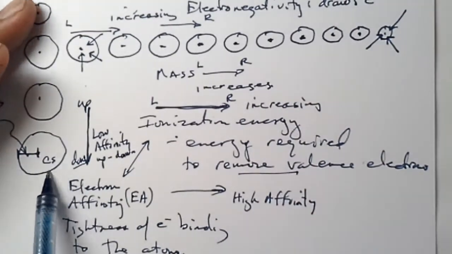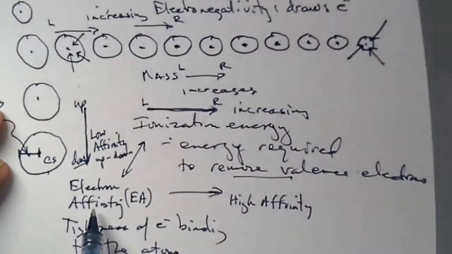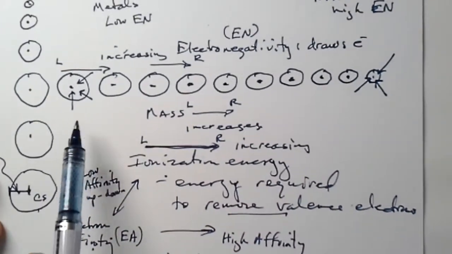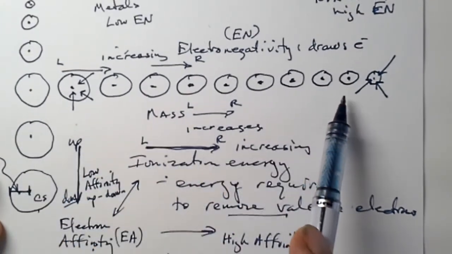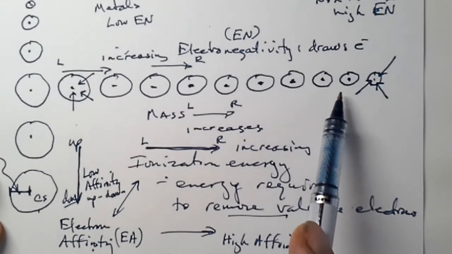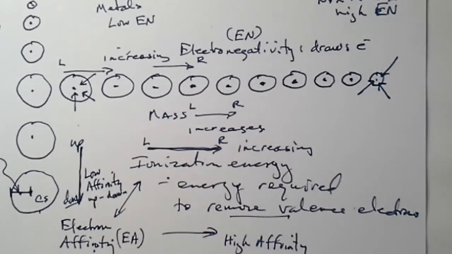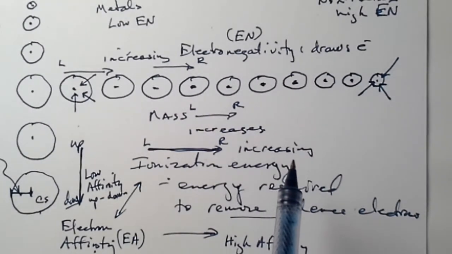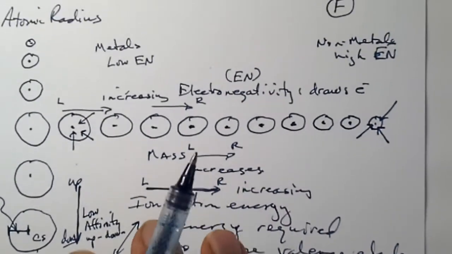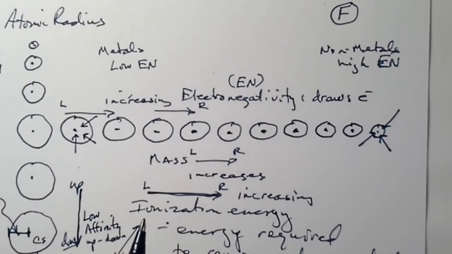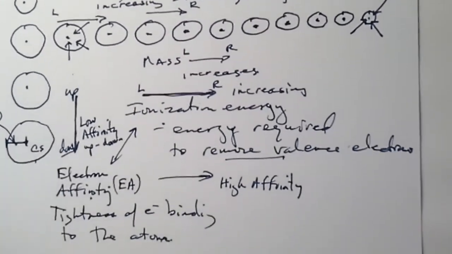So these elements down here at the bottom tend to have a lower affinity than those at the top, and those on the left tend to have a lower electronegativity than those on the right, and so forth. All right, that completes our discussion. We'll talk, I think, in part 4 about resonance and move on from there.